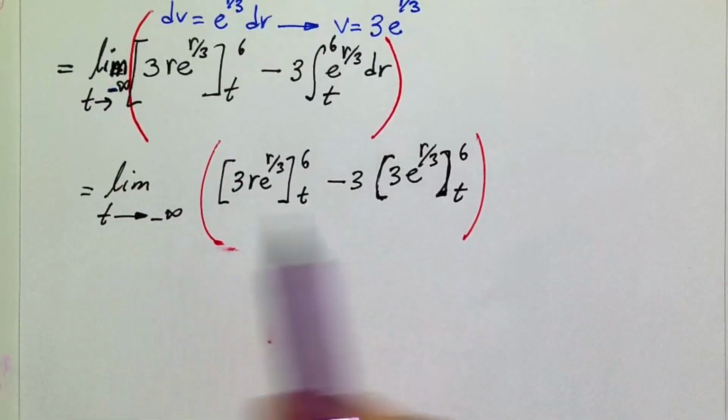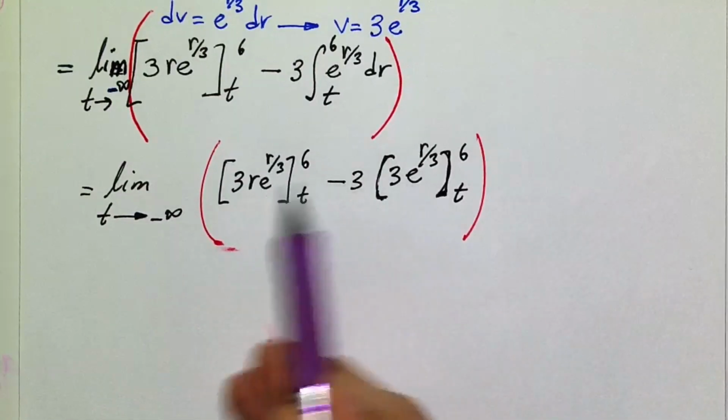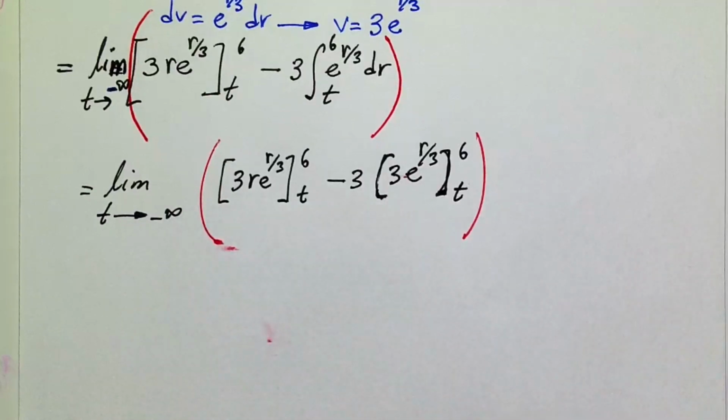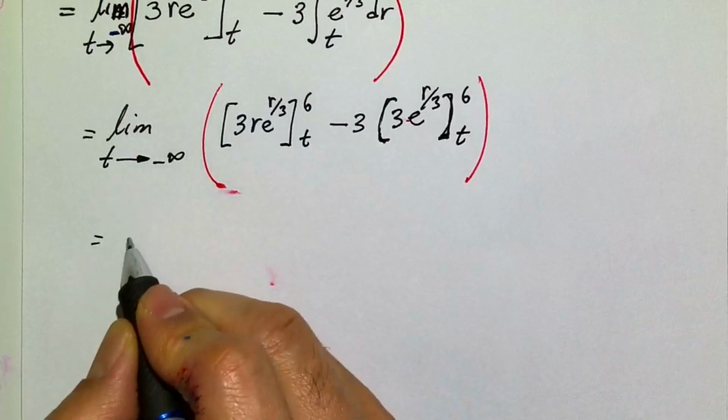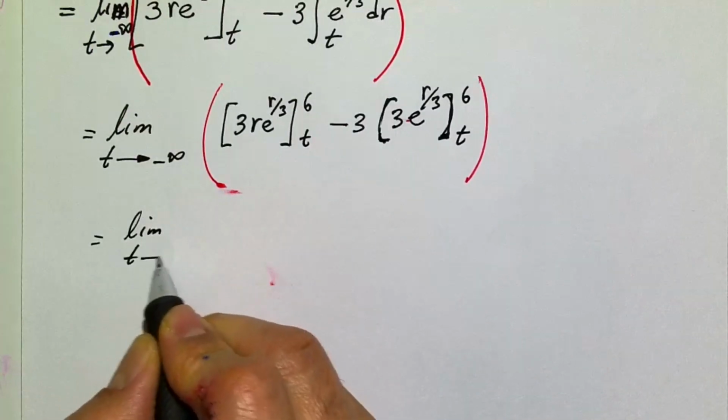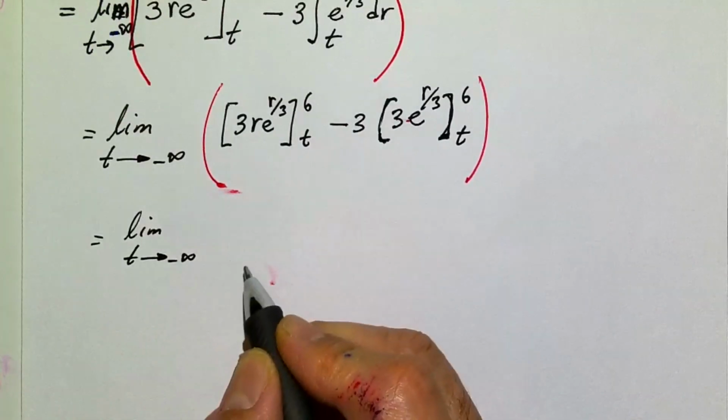Okay, now let's evaluate these quantities and then take the limit afterwards. So we have the limit as t goes to negative infinity.